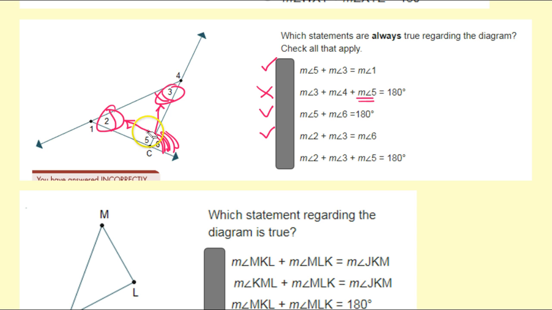And the two remote interior angles will always add up to the exterior angle. That's always true. Angle 2 plus angle 3 plus angle 5, add up to 180. Well, sure, that's always true. The three interior angles of a triangle always add up to 180 degrees. So these should be the answers.